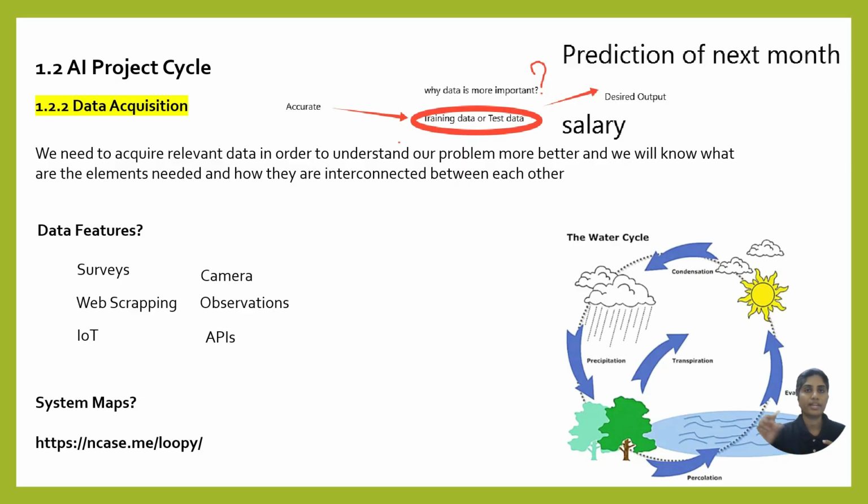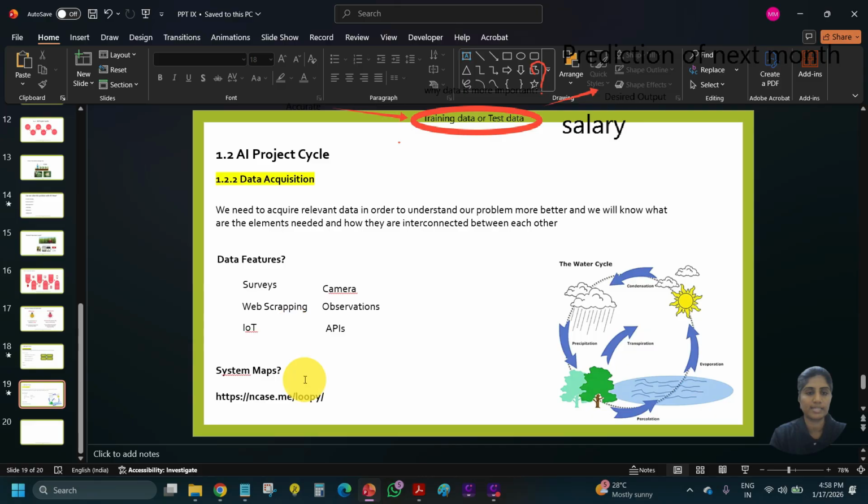So when I take multiple elements, everything will be related to that one particular topic. If I talk about system maps, whether you work on numerical data or any data in any theme, everything will be related to each other. For that I will show you an example.